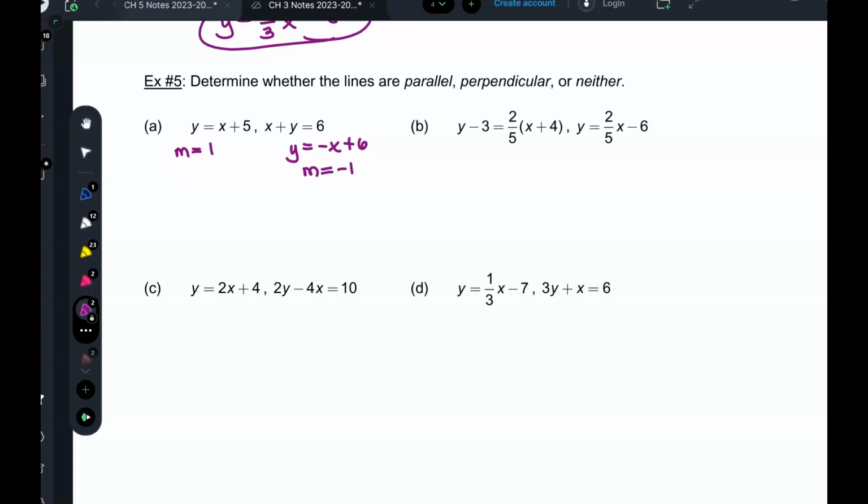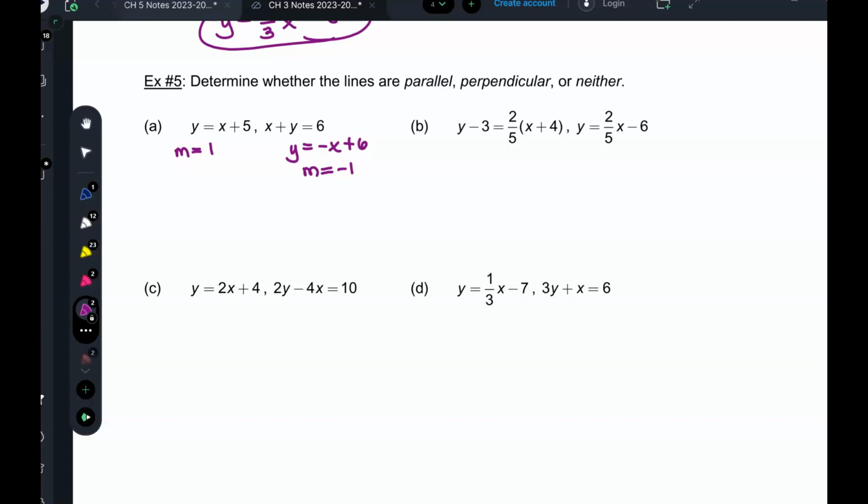Okay, can't be parallel because they're not exactly the same. Can't be perpendicular because you don't flip it. But if you flip 1 over 1 and make it negative. Remember, the other way we could tell is if you multiply these two together and get negative 1. If the product of these two is negative 1, I know it's perpendicular, like I did in the example yesterday.